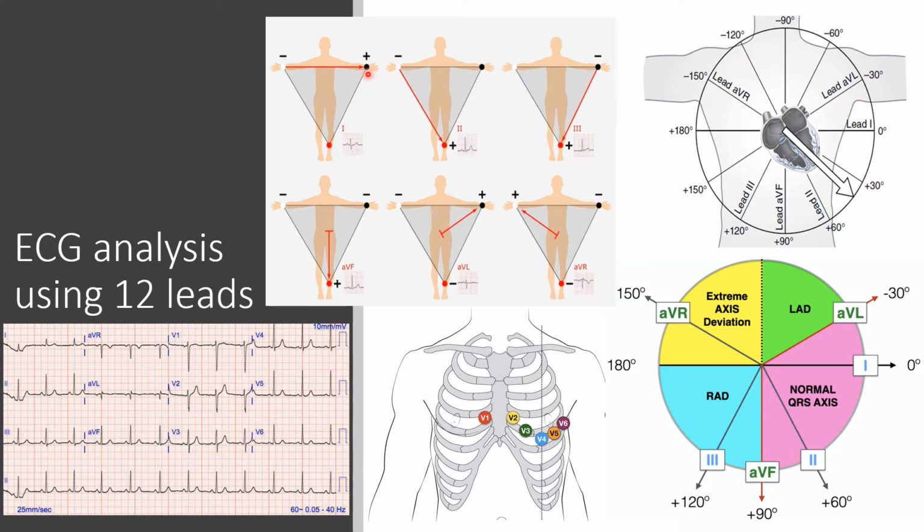And this non-invasive technique is going to help you detect if everything is normal with your heart's electrical activity, if your electrical conduction within your heart is normal, or if you are experiencing arrhythmias, or if you are experiencing a heart attack.